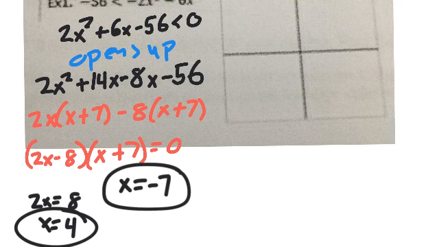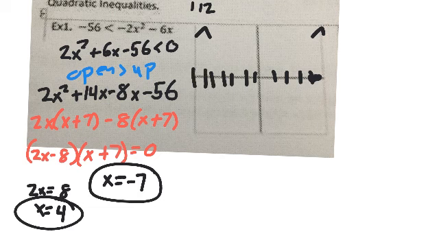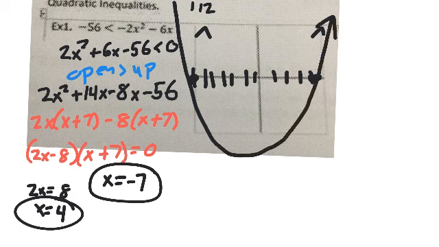So now I know, again, the general form of the graph. I know it opens up because the leading coefficient was positive. I know it has x-intercepts at positive 4, which is here, and at negative 7, which is here. Again, I just have a general idea of what it does between those. I don't know exactly. But because I know where it changes from being a negative number to a positive number, I can solve the inequality, which is where's the parabola less than 0?